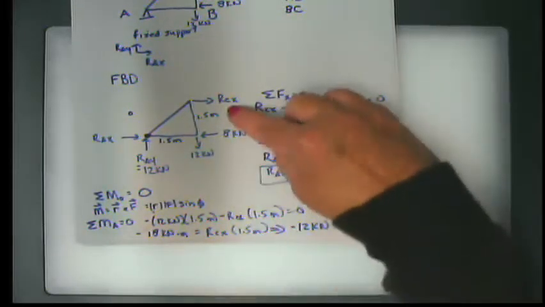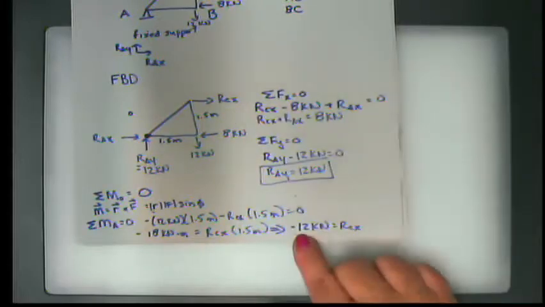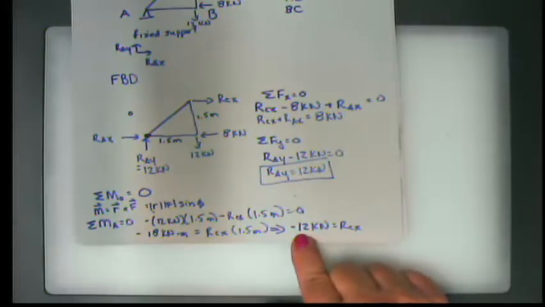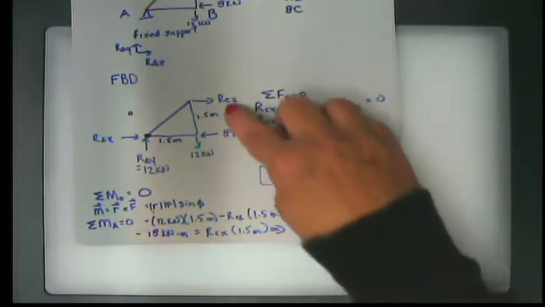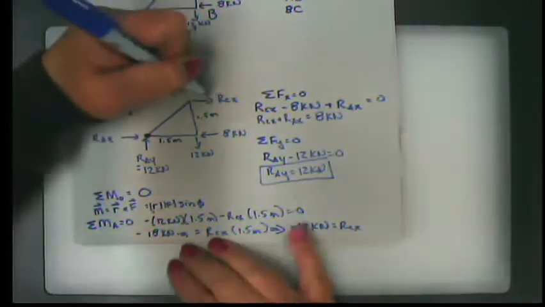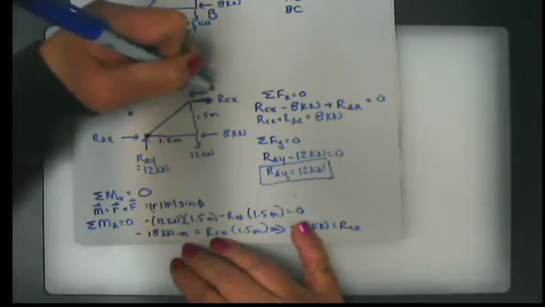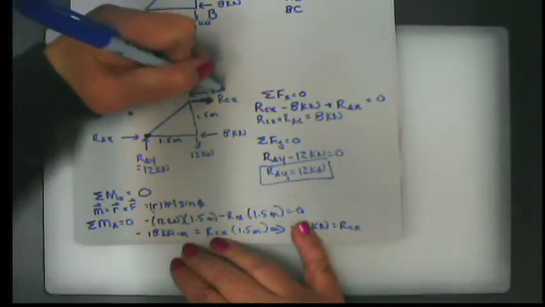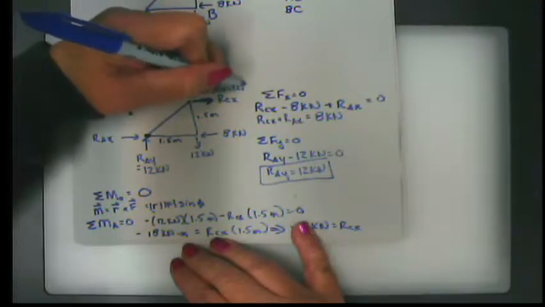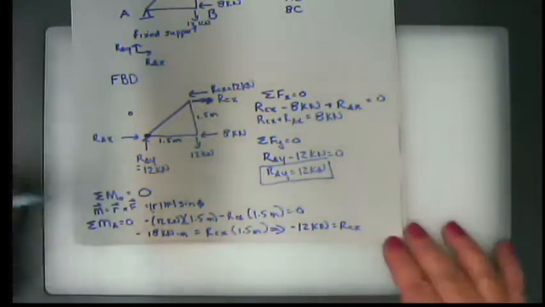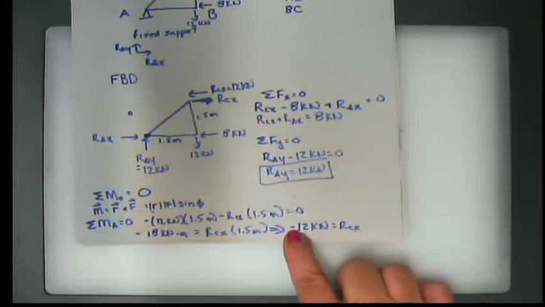Okay, that tells me that the magnitude of RCX is 12 kilonewtons, but what about the direction? I've drawn it incorrectly, haven't I? So in other words, this is going to be pushing the other way. So I change this, and I say RCX equals 12 kilonewtons, but it's going that way because of this negative sign.